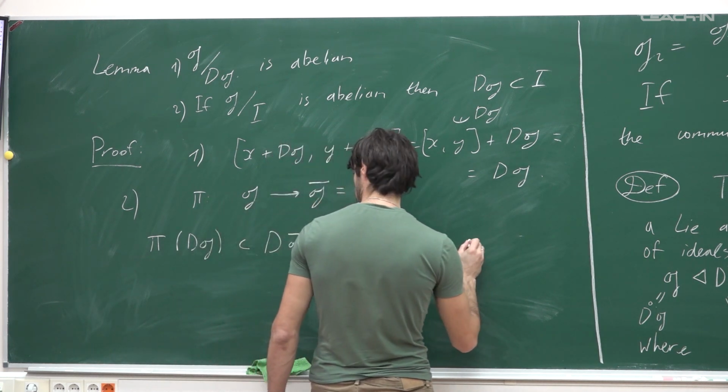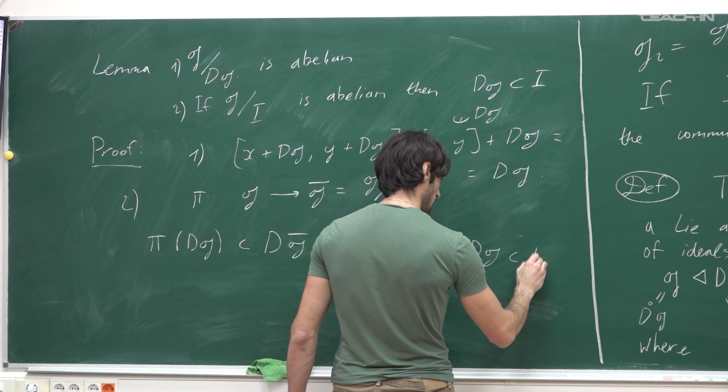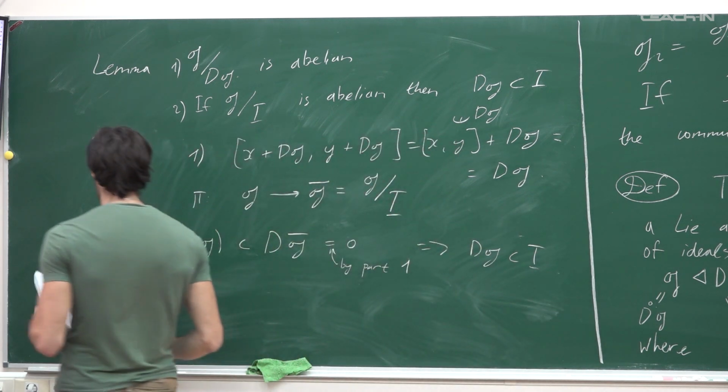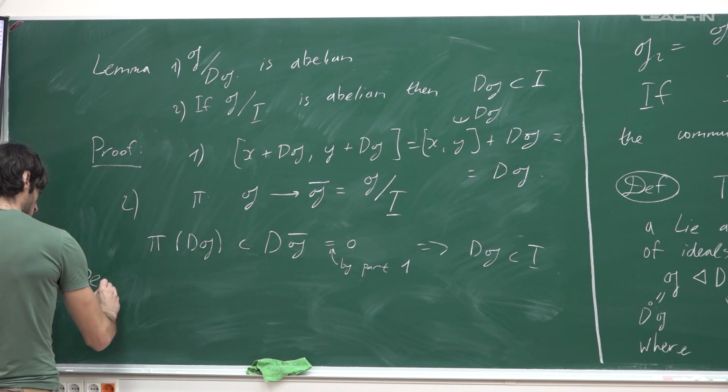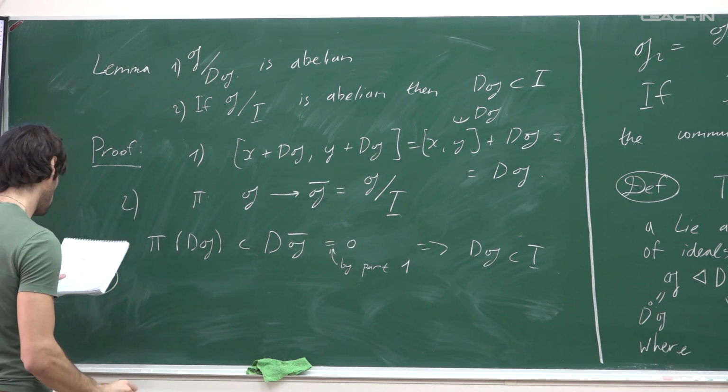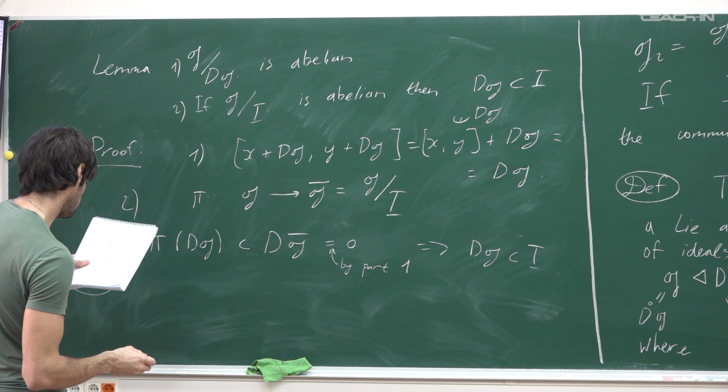So therefore, dg is inside I. Easy as that. Okay, and finally, let us introduce solvable Lie algebras.